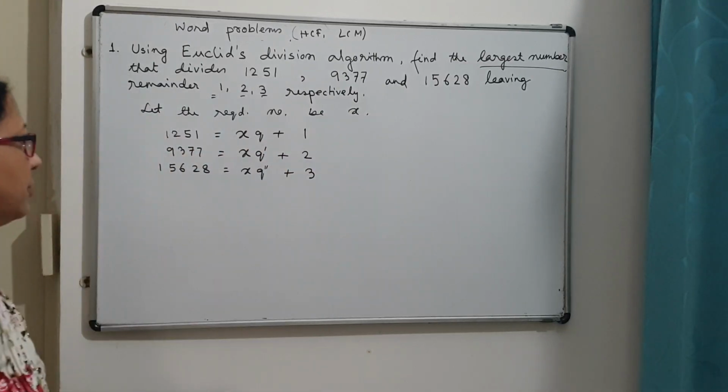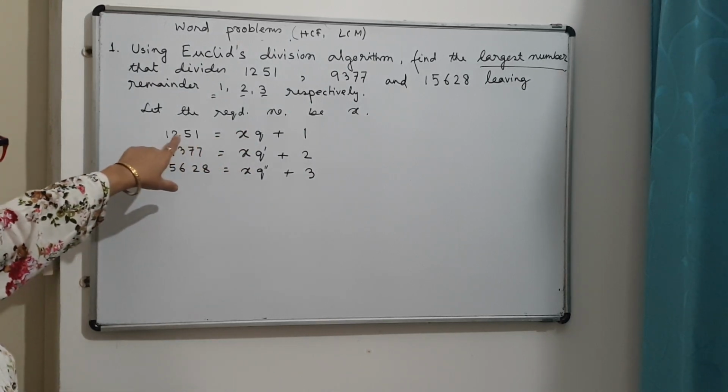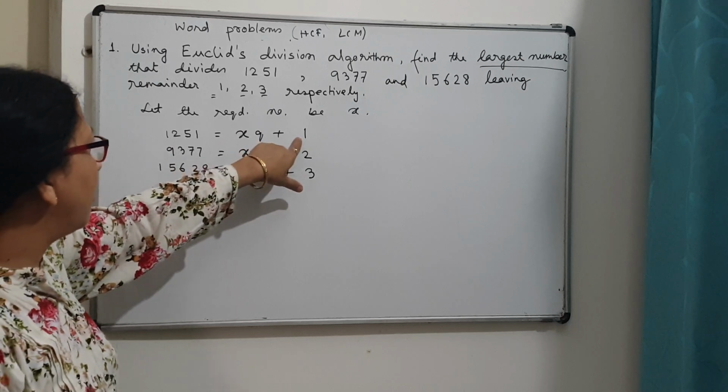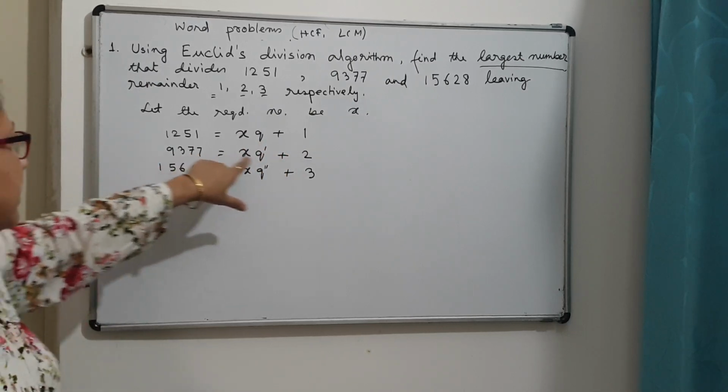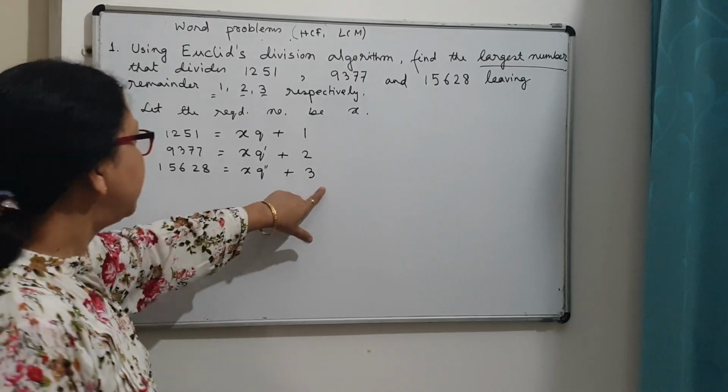So this is the situation. We have to find x. This is the largest number. When it divides this, it leaves remainder 1. When it divides this, it leaves remainder 2. And when it divides this, it leaves remainder 3.